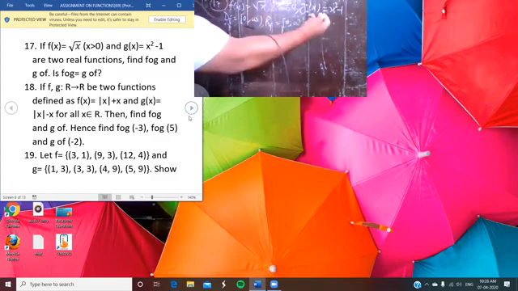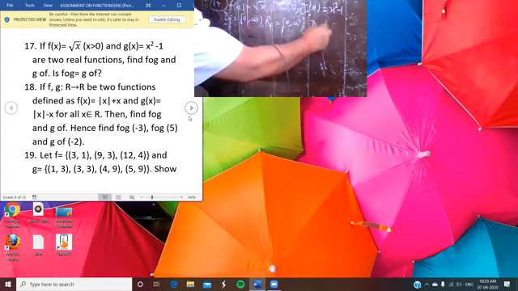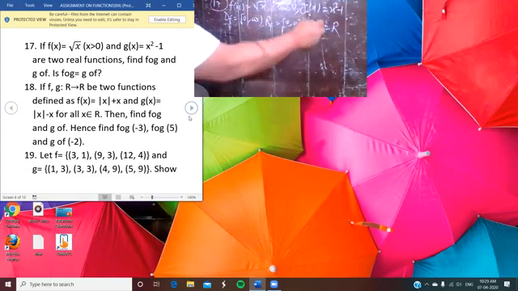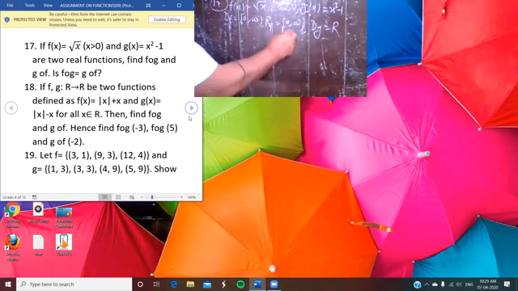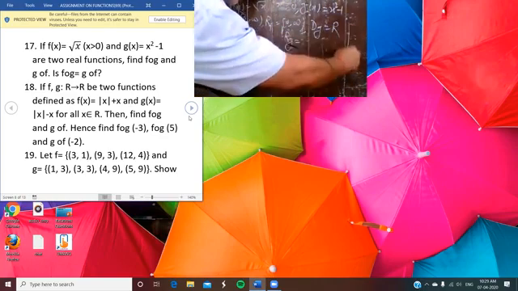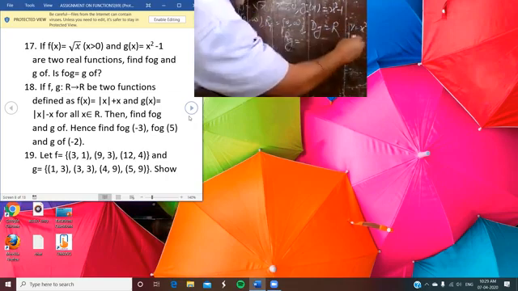Now for x square minus 1, the domain of g is all real numbers; it is defined for all real numbers. The range of g(x) can be obtained by taking y equal to x square minus 1.